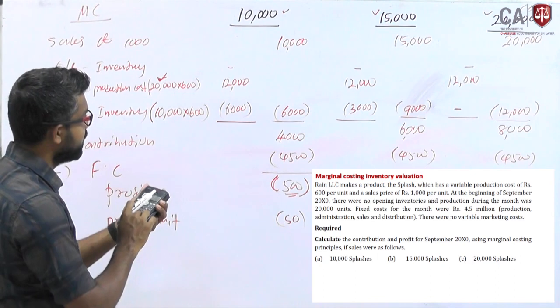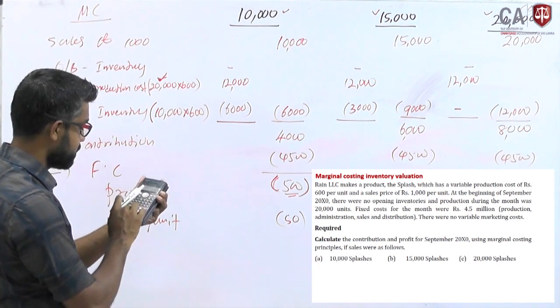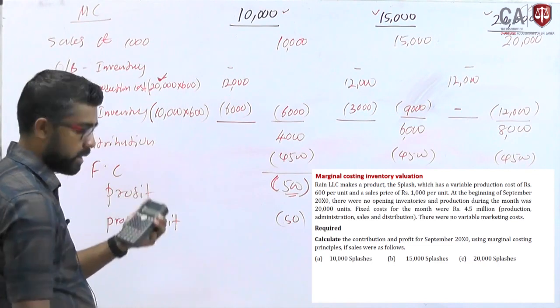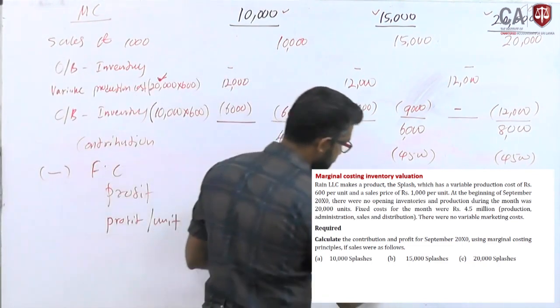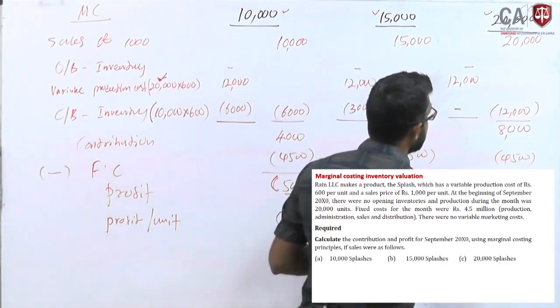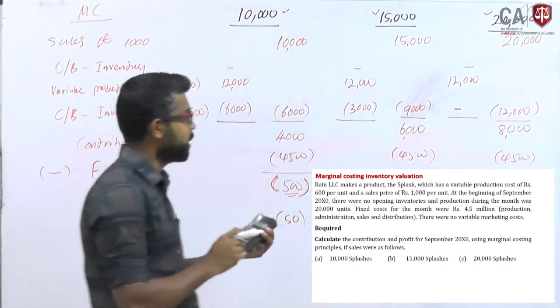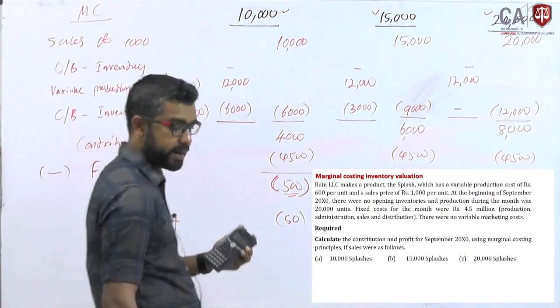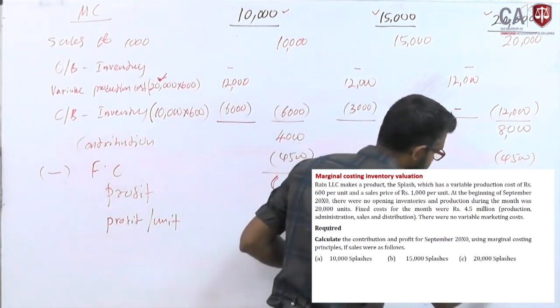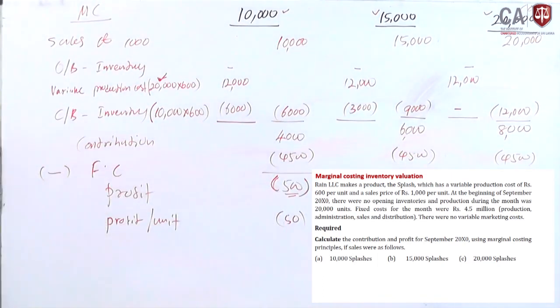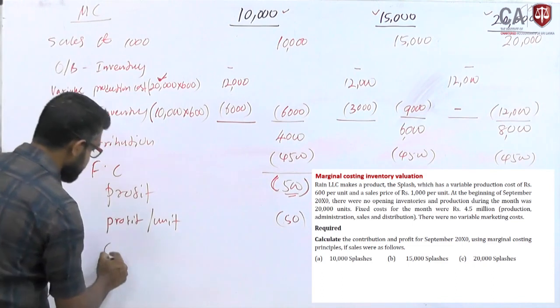There you have 1,500 divided by 15, 100 profit. Profit here 3,500 divided by 20, 175. Calculate the contribution per unit also.